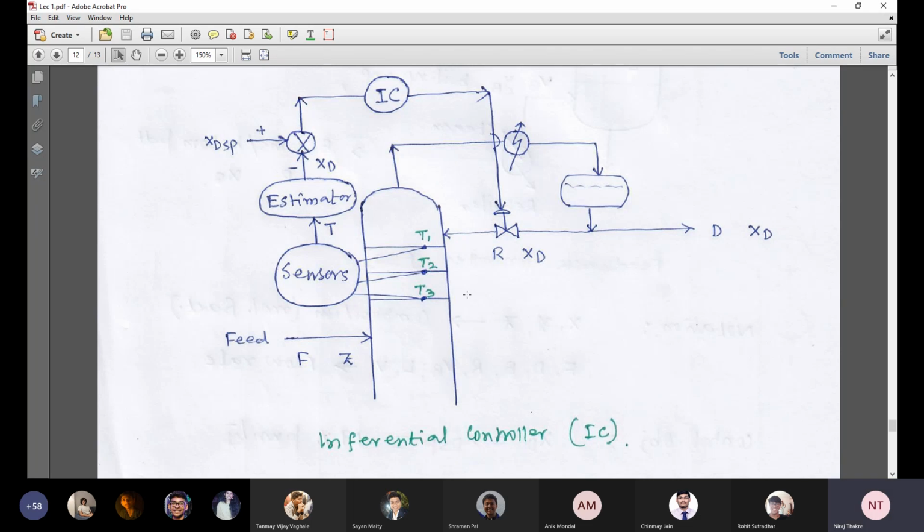Now, first reason: composition measurement involves huge initial investment cost and operating cost.